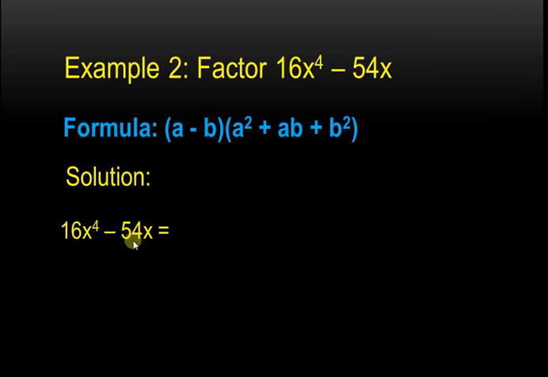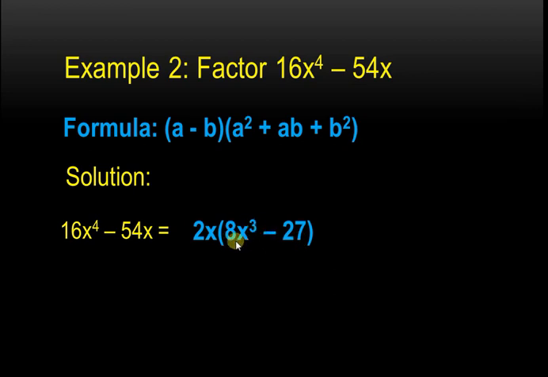So 16 and 54 can be divided by 2, x to the fourth and x can be divided by x. So first we'll get the common factor. So the common factor will be 2x times the quantity of 8x cubed minus 27.